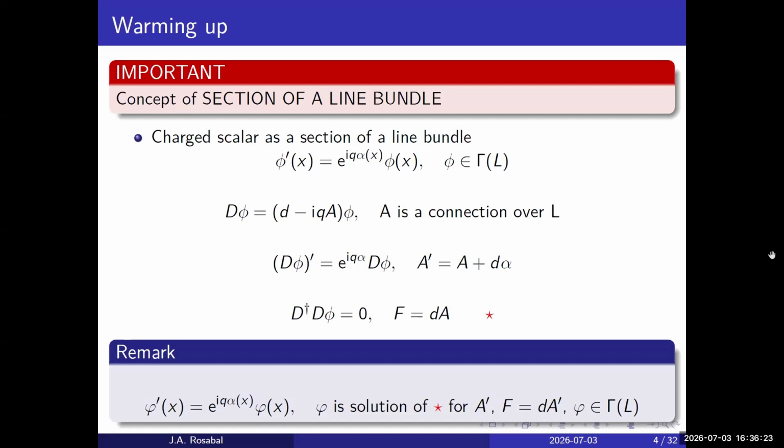If in addition you have an equation that defines this field, you can solve this equation if you have some method, and you find this phi field. However, if you are able to find another function which transforms exactly like this field, you can be completely sure that this new function will be a solution of this equation.